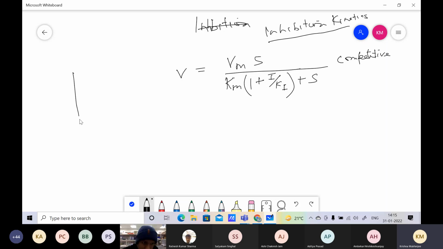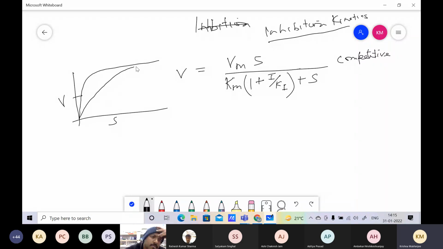The V versus S plot, remember, had a slope like this, where half the value was Km. Now, as you increase inhibitor, this will tend to go like this. So you can see that Km is changing. Km is becoming larger and larger with more and more inhibitor.